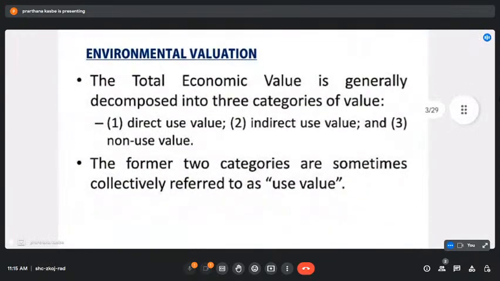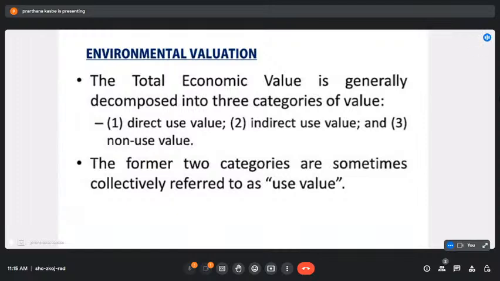So in the environmental valuation methods, the total economic value is generally decomposed into three categories of values. Which are they?